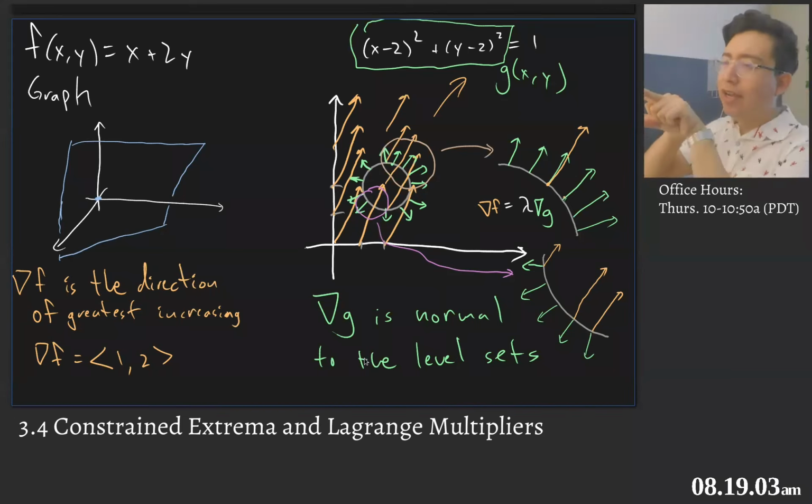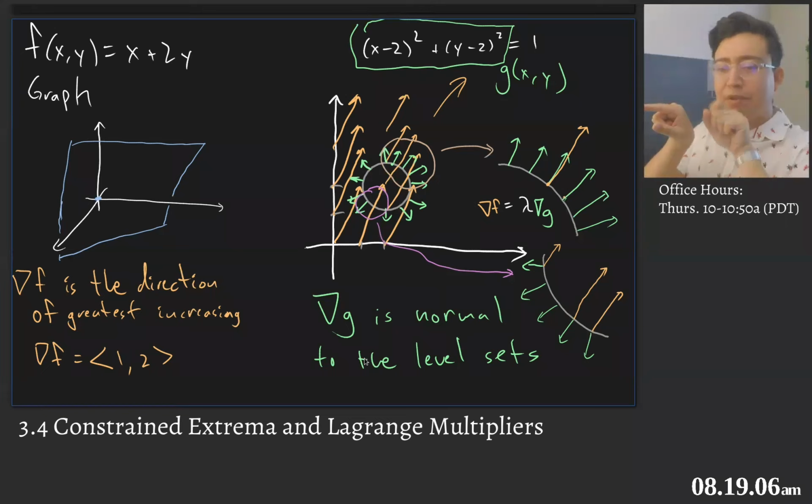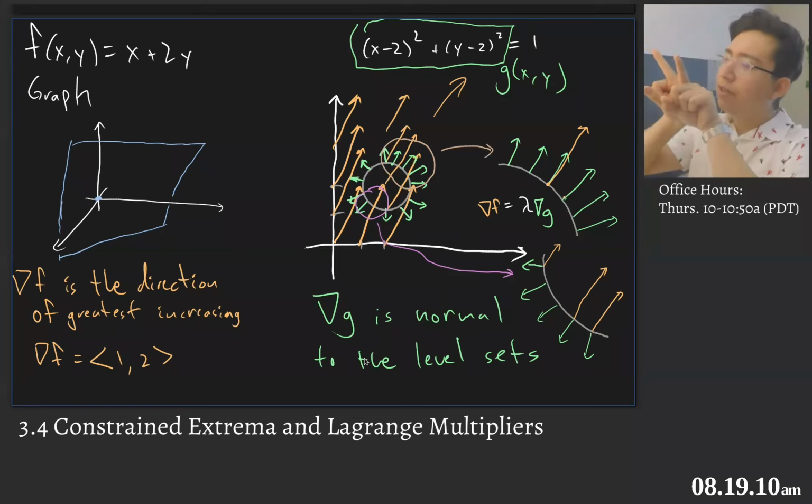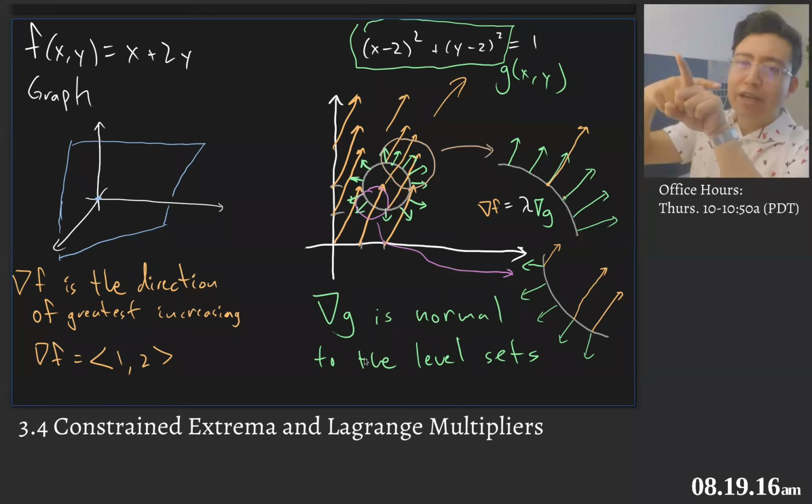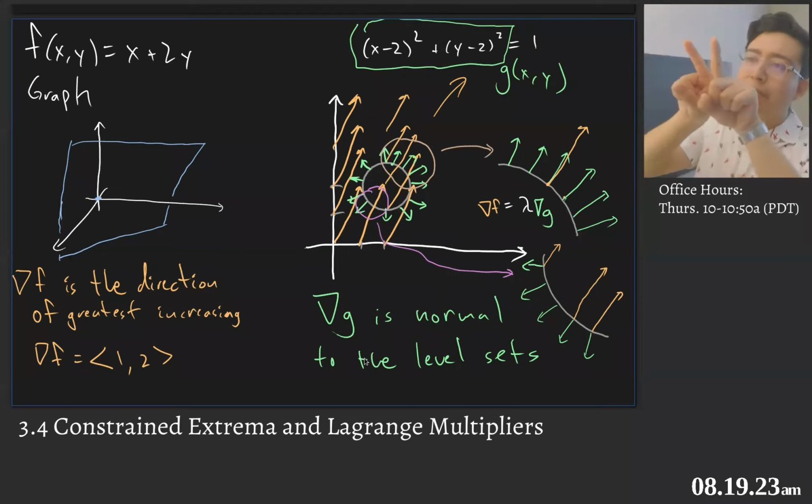If those aren't lining up, for example, if this is the direction of greatest increase and this is the normal vector, then that means if I move this way along my level set, a little bit according to this vector, then I can get a little bigger, and I just keep getting bigger.